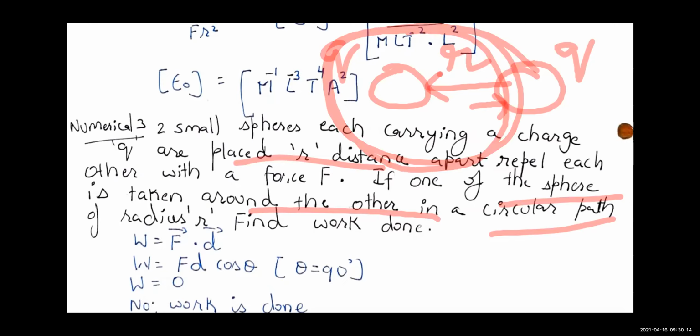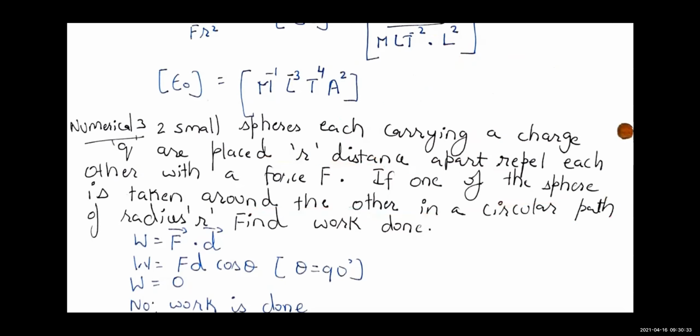So children, when you are moving one charge in a circular path around the first sphere, at that time the angle between the force and the displacement will be 90 degrees, right? For example, this is one charge and this is the other charge you are moving. So the force is acting like this and the displacement is perpendicular to it.